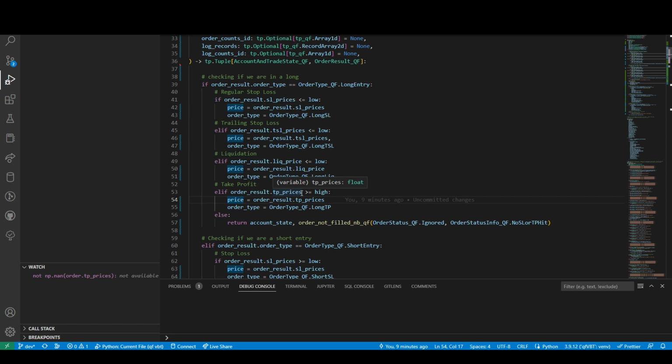So it has to be that the price is less than or equal to the high. Okay, yeah, it has to be less than or equal to. And then this has to be greater than or equal to.